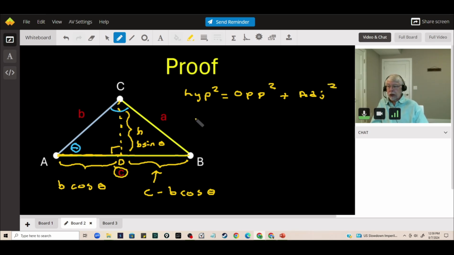Or you could also say, if you wanted to, hypotenuse squared is equal to the adjacent side squared plus the opposite squared. Either way, they'll both work.